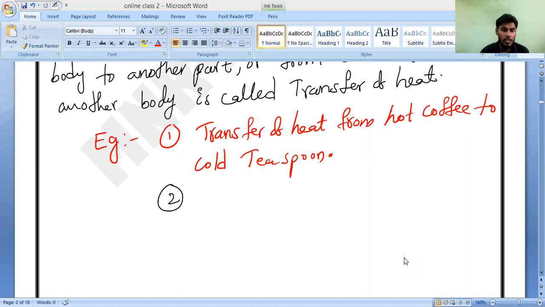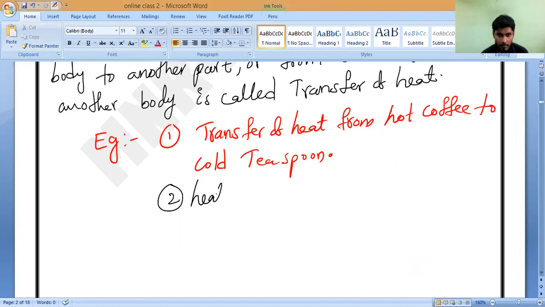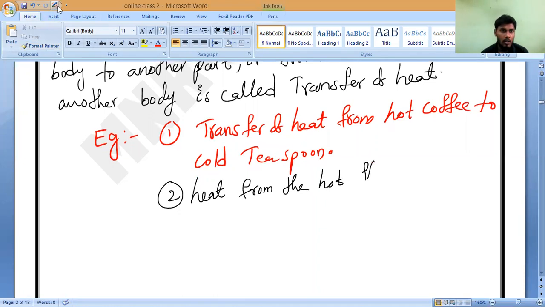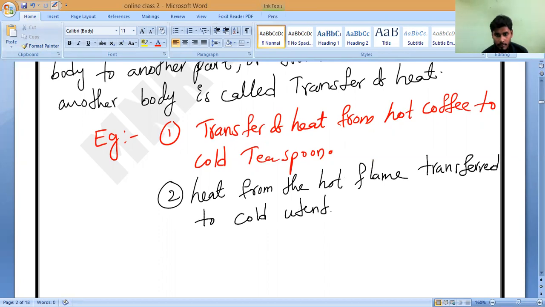Heat from the hot flame transferred to the cold utensil. Next, in the same way, the third example.